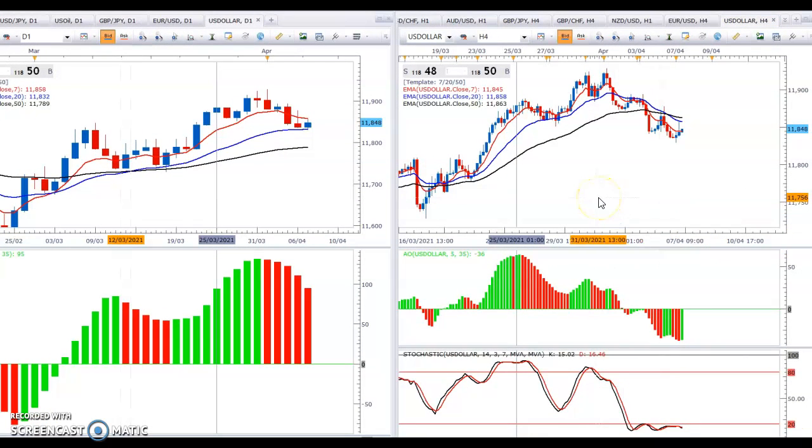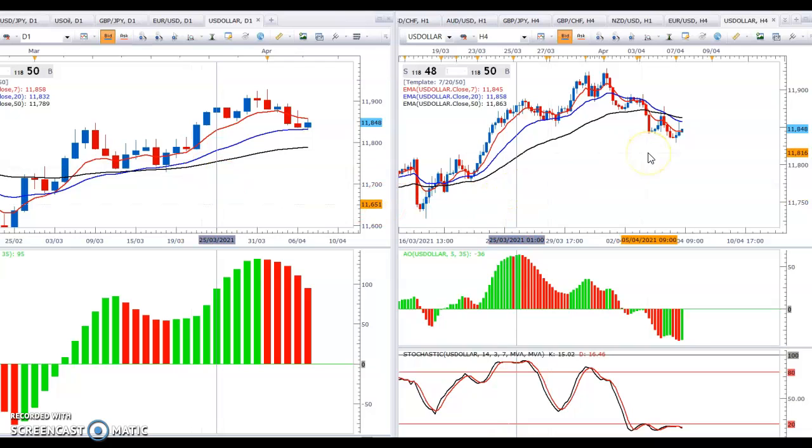So you can see the price there. So with a major trend, as we have a trend on the US dollar going up, the red line above the blue line above the black line indicates the continuation of the trend. We have to presume that the trend is going to continue.